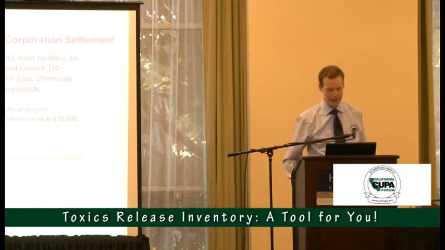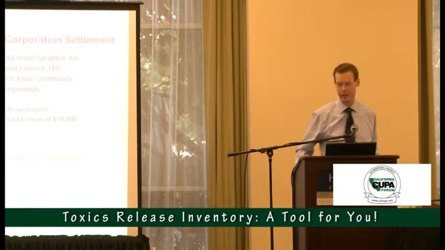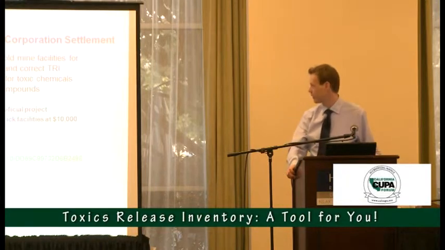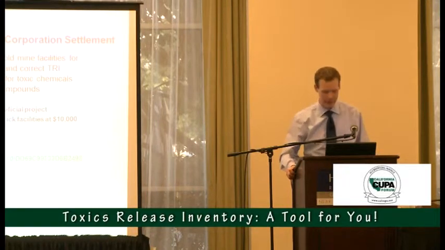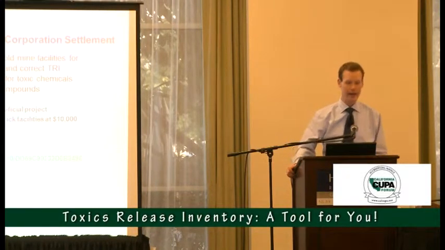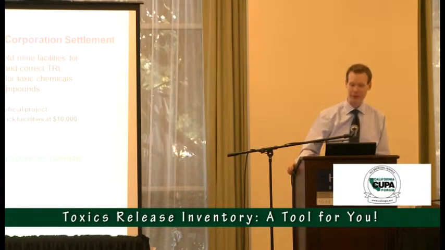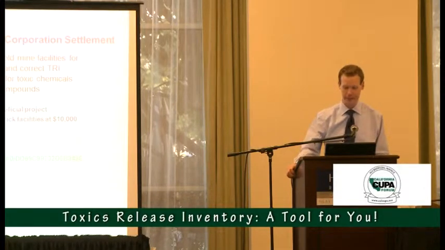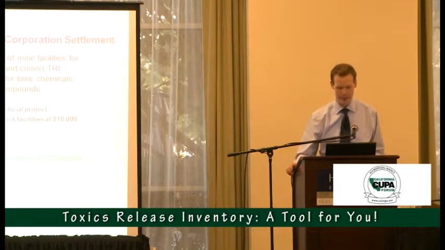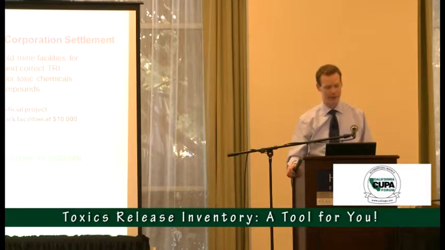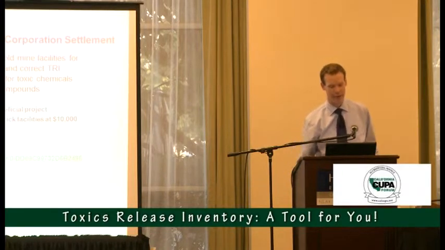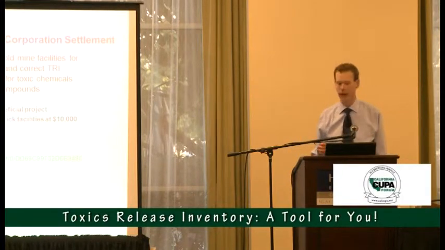This is a slide that we added to the presentation yesterday. The press release date is February 6, 2013. EPA just reached a settlement with 3 gold mine facilities of the Barrick Gold Corporation for their failure to submit timely, complete, or correct TRI forms over 4 years for toxic chemicals including cyanide compounds, lead compounds, and mercury compounds.